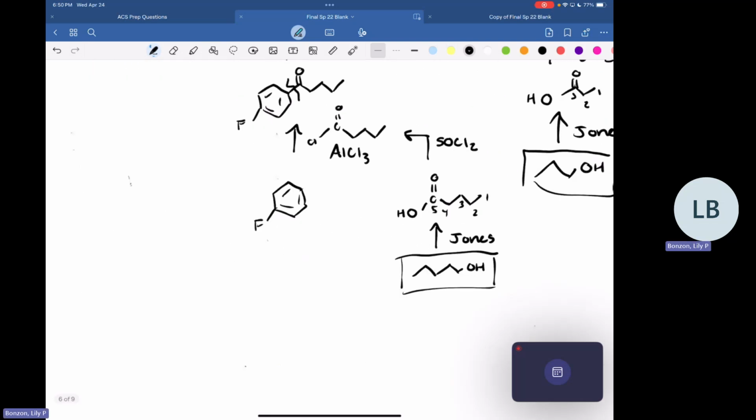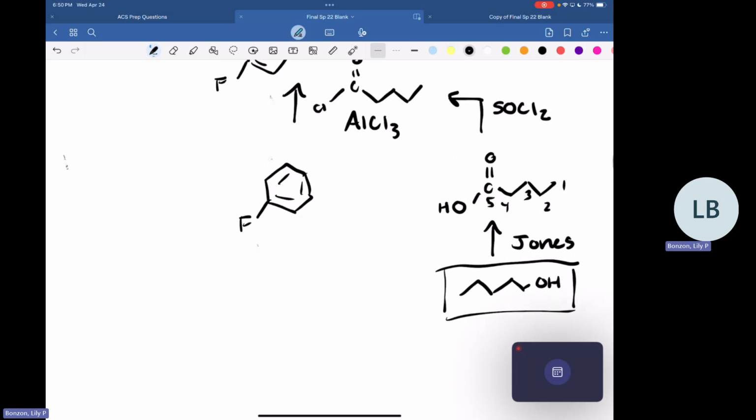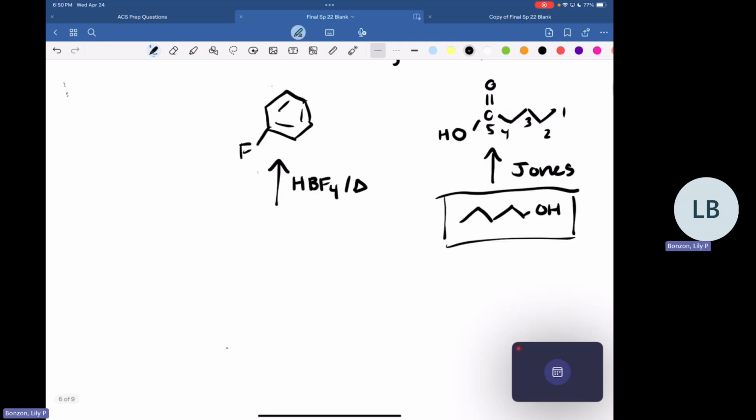Got that one. Okay. And then for this one is going to be one of your chapter 19, not the sodium azide, one of your nitrogen weird reactions on the benzene. And so this one is going to be your HBF4 and heat.